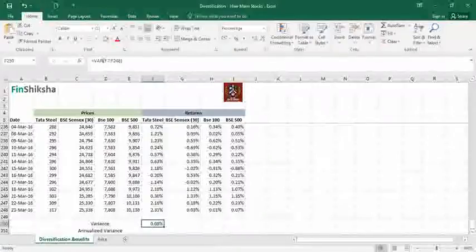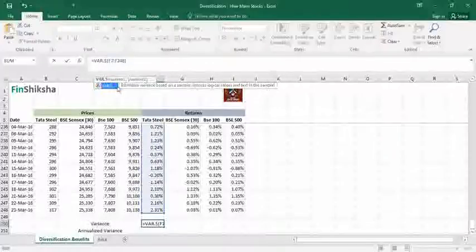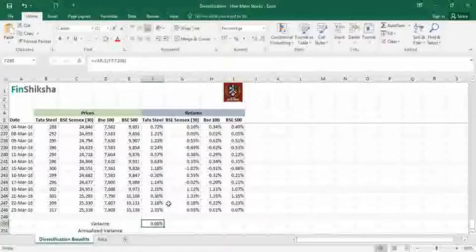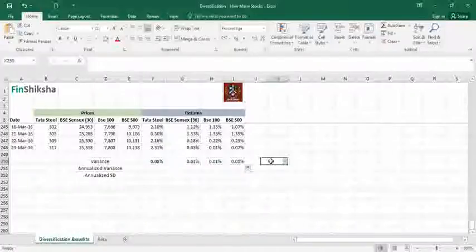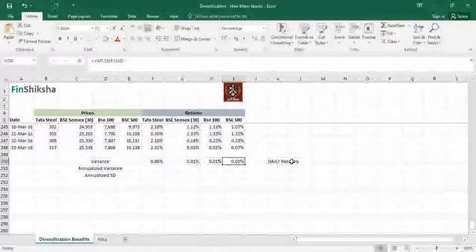We can also use a formula in newer versions of Excel called var.s. var.s is the variance for the sample. var.p is the variance for the portfolio. var.s will give you the same data as var. And this is what we have calculated: daily returns variance, variance in daily returns. We already see that individually Tata Steel has a bigger variance than what the market would have.